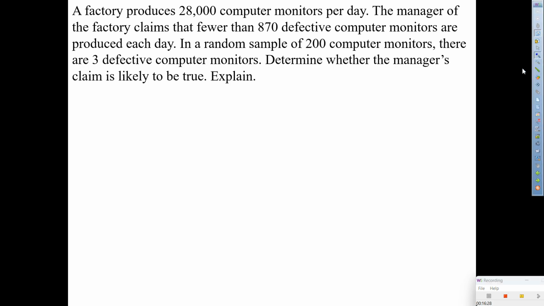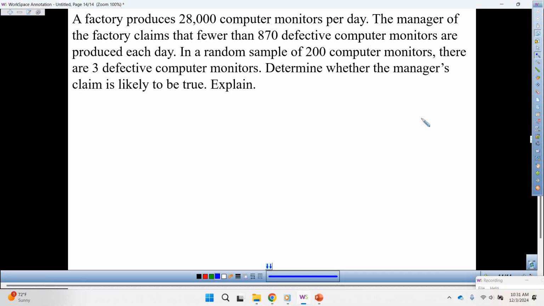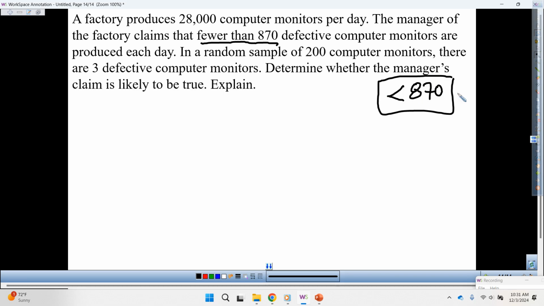Explain. So, according to the manager, how many monitors are on average defective, everyone? Fewer than 870. So we're going to check that less than 870 monitors are defective. That's what we're going to check at the end.